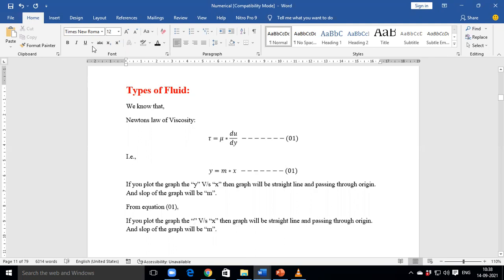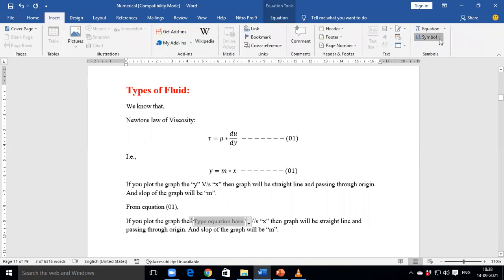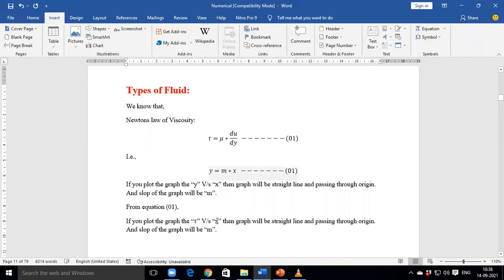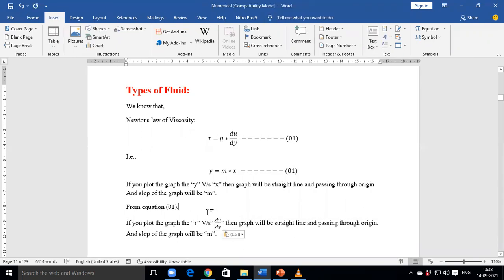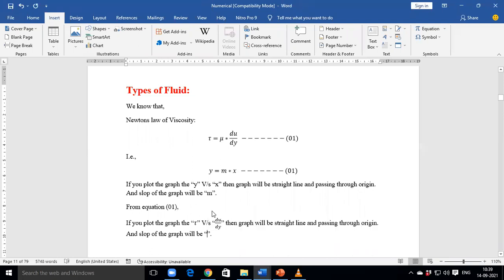If we plot tau versus du by dy, then the graph will be a straight line passing through the origin, and the slope of the graph will be, from equation number 1, mu. The slope of the graph will be mu.